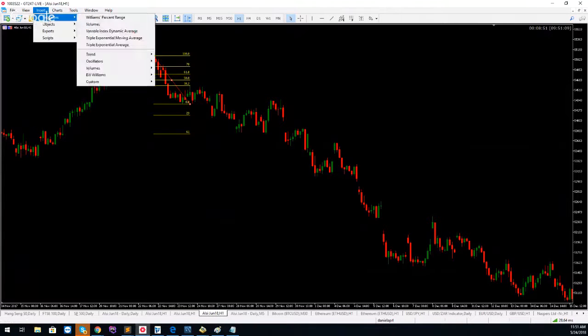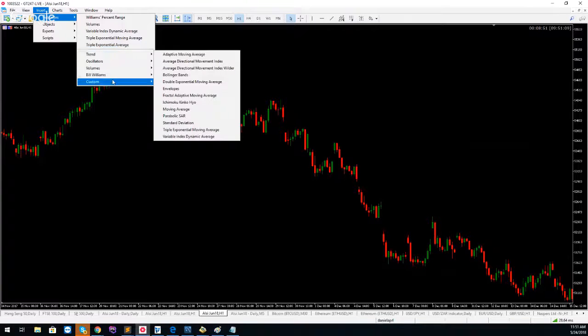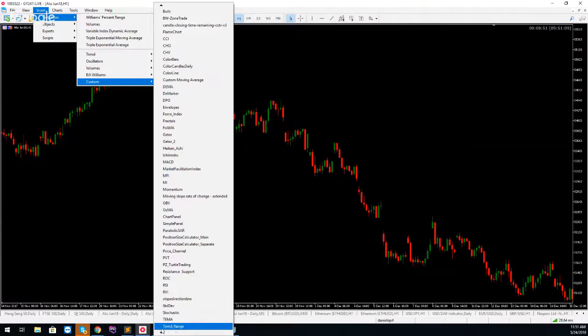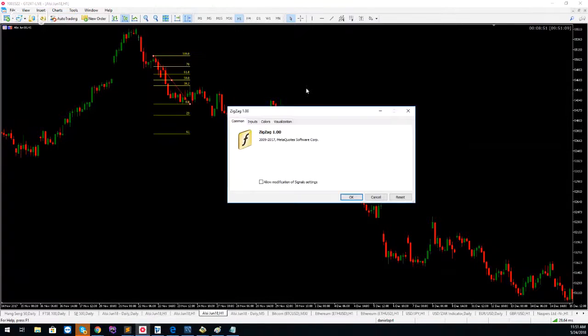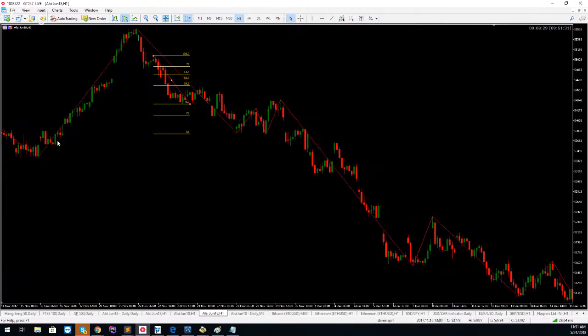There is an instrument or an indicator that we can add. I think it's under trends, probably under custom. Let's see if it sits here. Yeah, the zigzag. With zigzag, you can give it different parameter inputs, and what it draws is the swing for you.